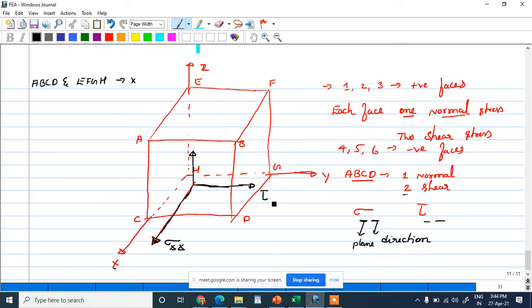The first one is the plane, x, and the direction is y: tau xy. Similarly this one, tau, plane is x, direction is z. So these are all on the positive face. I should differentiate them from the negative face. E, F, G, H is the negative face. How can I differentiate? By marking a prime.